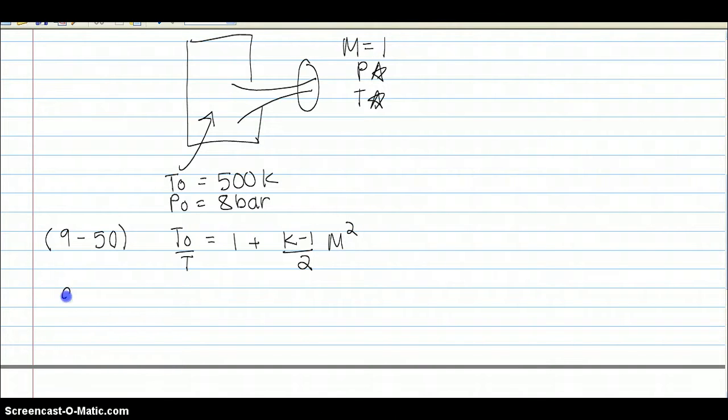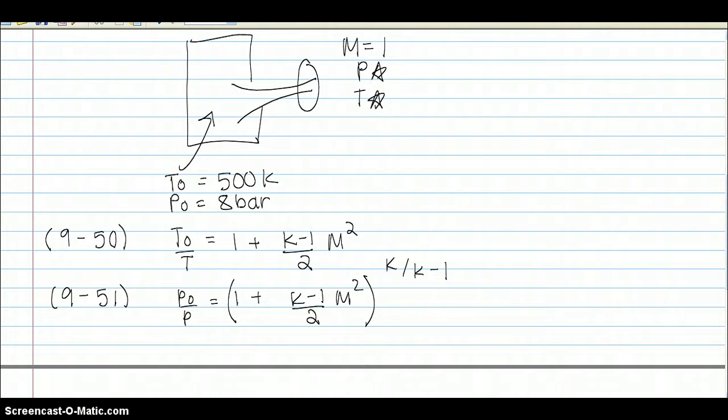And then equation 9-51 states that P naught over P is equal to 1 plus K minus 1 over 2 times M squared, and all of that is going to be raised to the power of K divided by K minus 1.